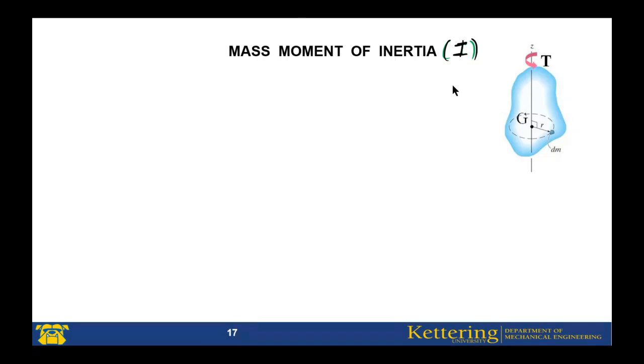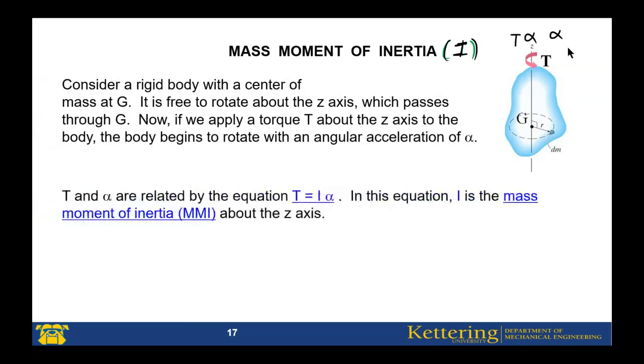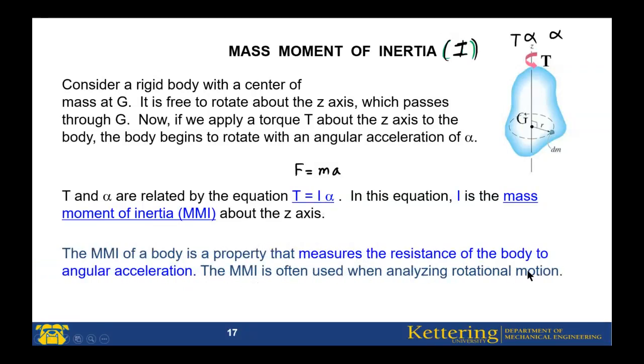Then, if I want to relate T with alpha, we can use this equation. T is equal to I multiplied by alpha. This one is similar to F equals mass multiplied by acceleration.